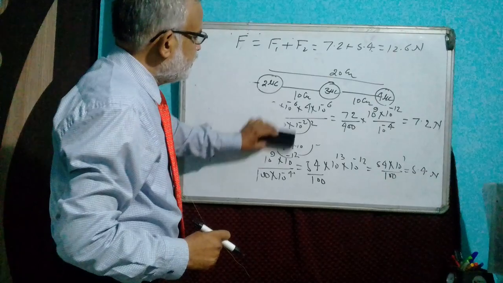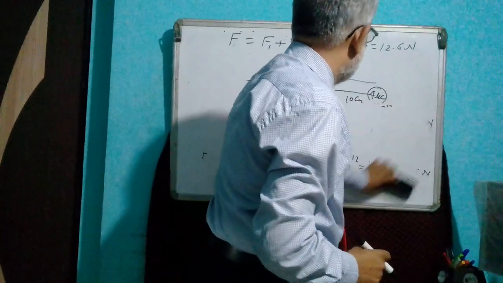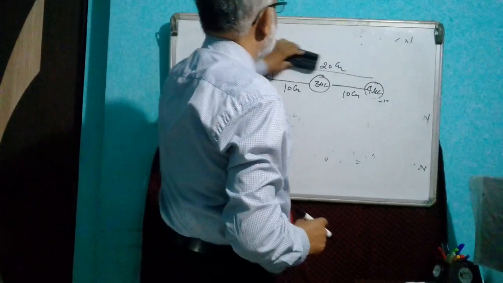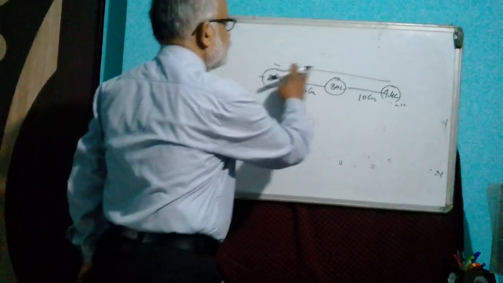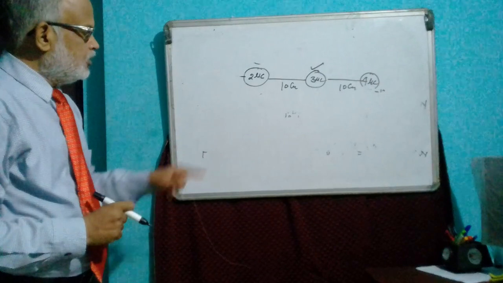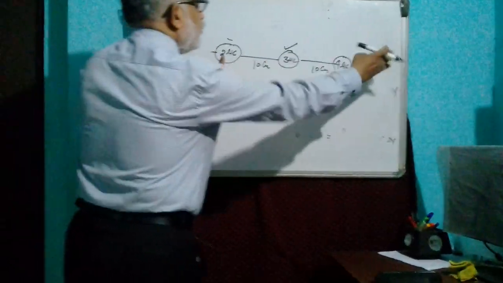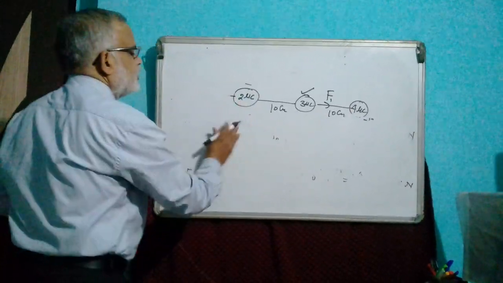To find the electrostatic force acting on the 3 microcoulomb charge: the 2 microcoulomb charge repels the 3 microcoulomb charge in this direction. It is F1.